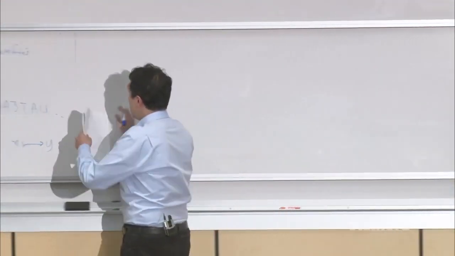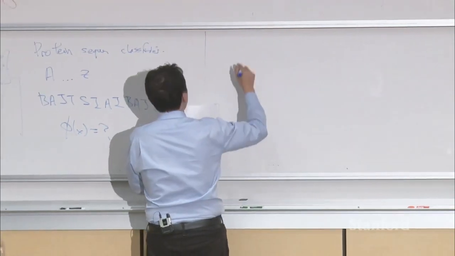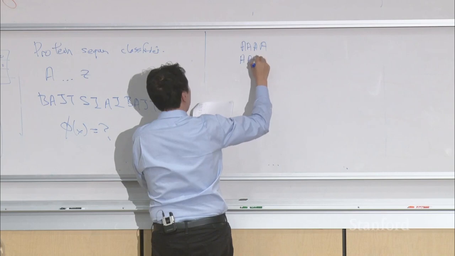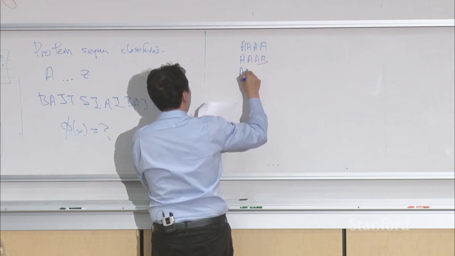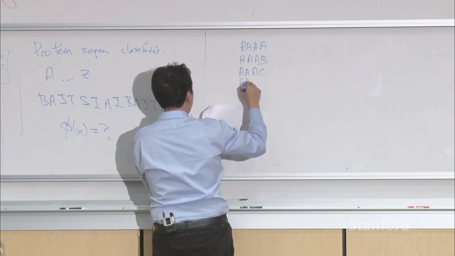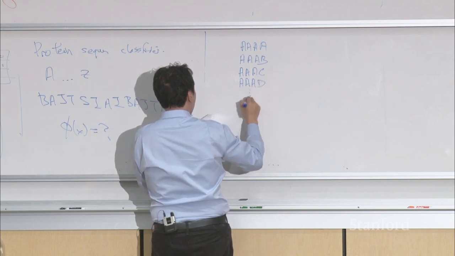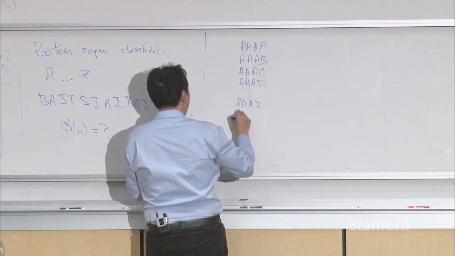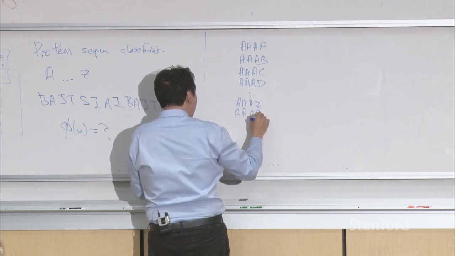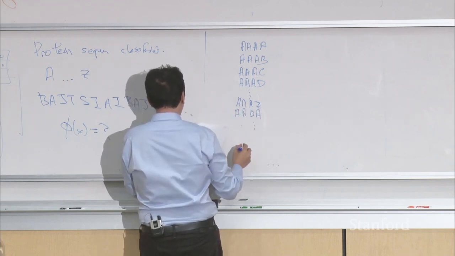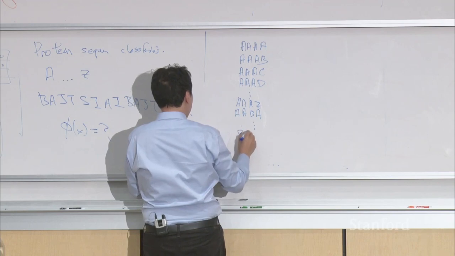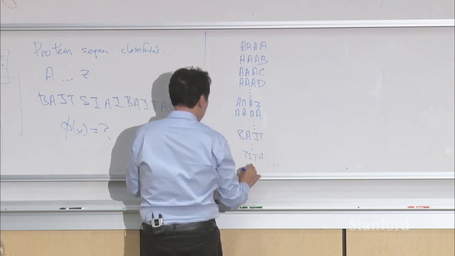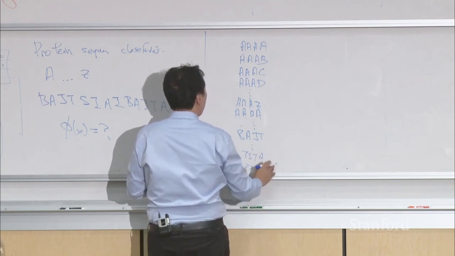Here's one way to design a feature vector: I'm going to list out all combinations of 4 amino acids. You can tell this will take a while, right? Go down to A, Z, and then A, B, A, and so on. And eventually, there'll be a BAJT, TSTA, down to ZZZZ, right?